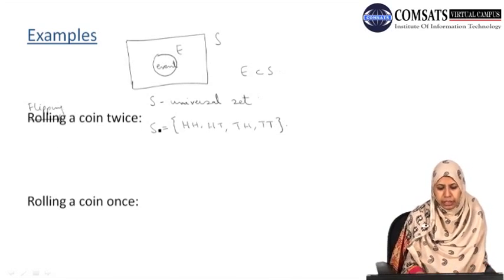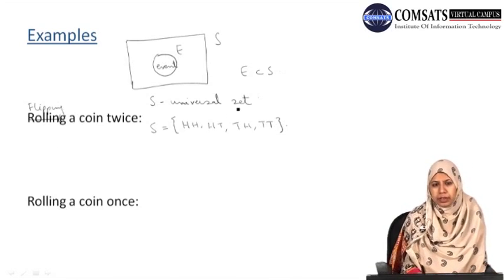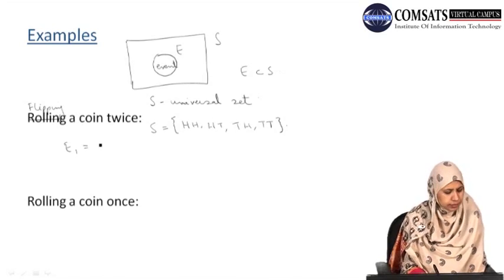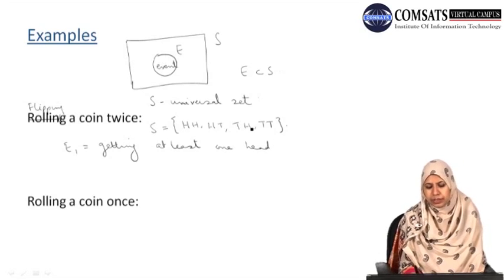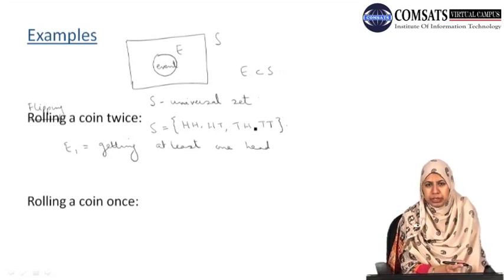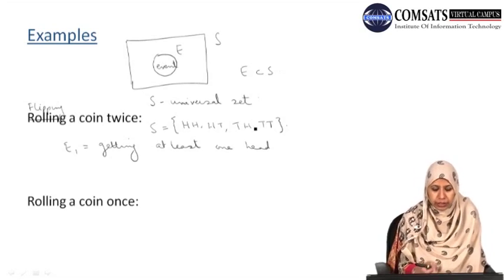If we regroup our possible outcomes satisfying the property of getting at least one head, that is, we will collect all those possible outcomes which have at least one head.